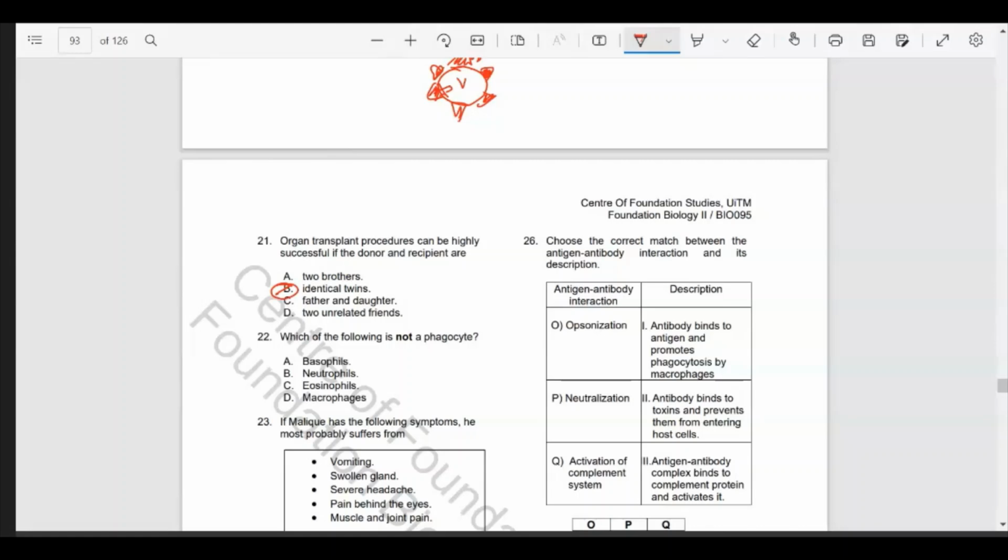So organ transplant procedures can be highly successful if the donor and recipient are identical twins. So it is closer, right?